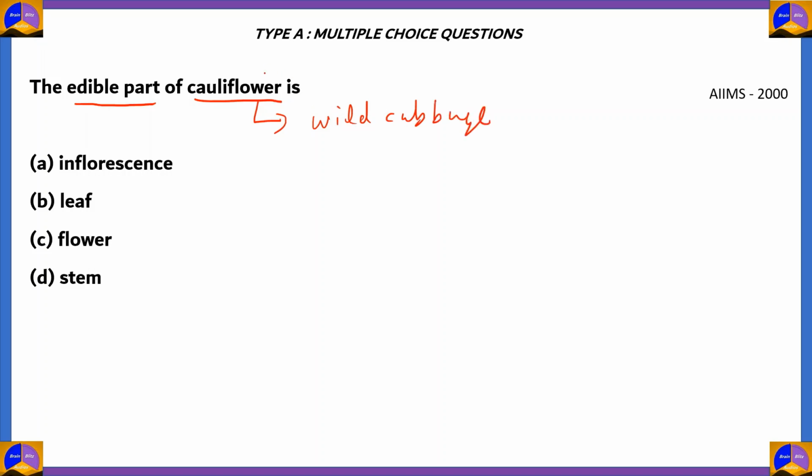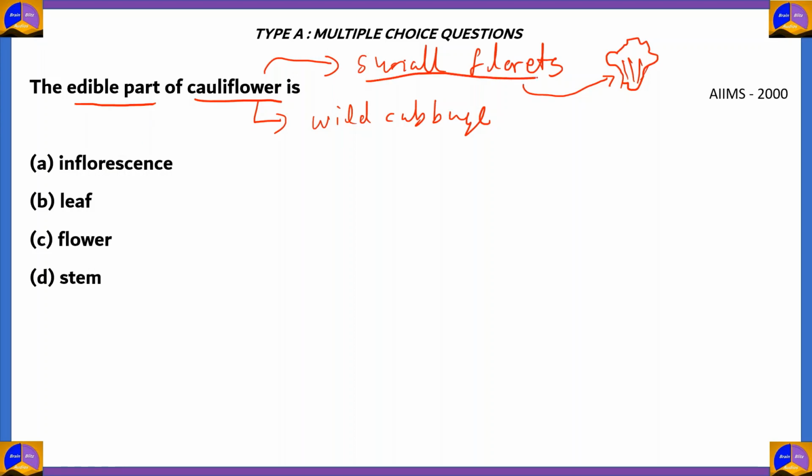And in cauliflowers, there are small florets present, something like this. So these are a crude representation of the small florets present in cauliflower. So cauliflower is basically an arrangement of small florets.